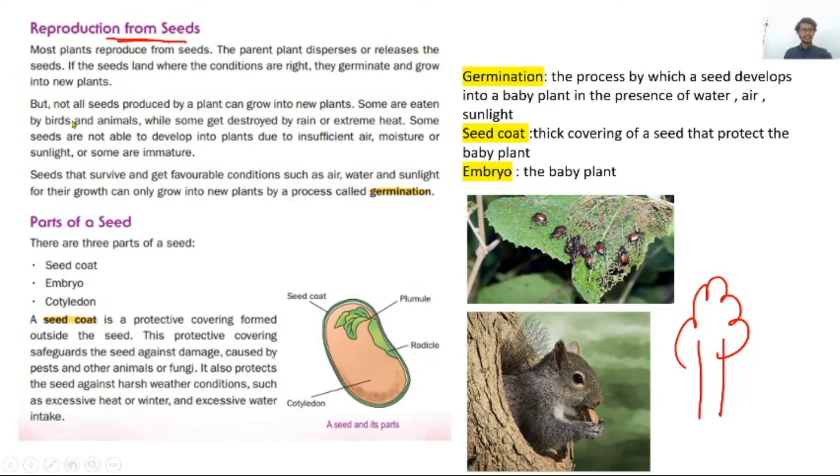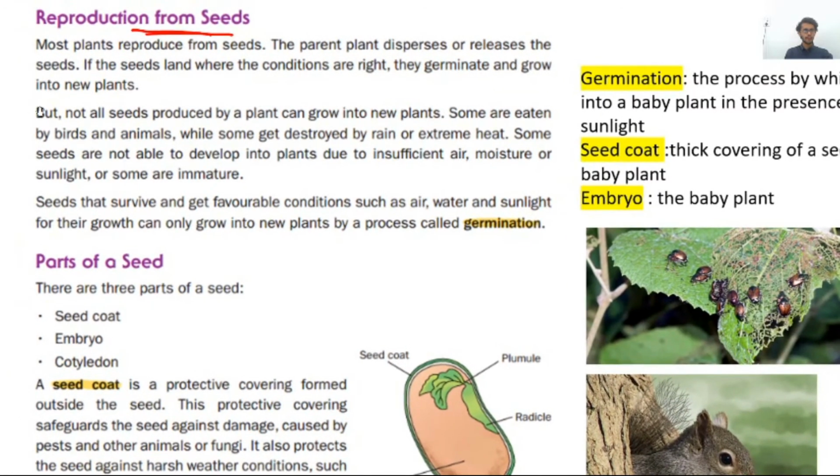Now let's read this part. But not all seeds produced by a plant can grow into a new plant. Some are eaten by birds and animals, while some get destroyed by rain or extreme heat. Some are not able to develop into plants due to insufficient air, moisture, or sunlight, or some are immature.